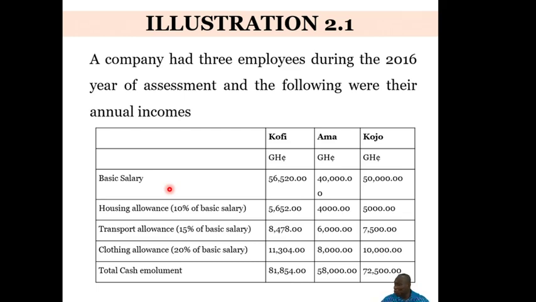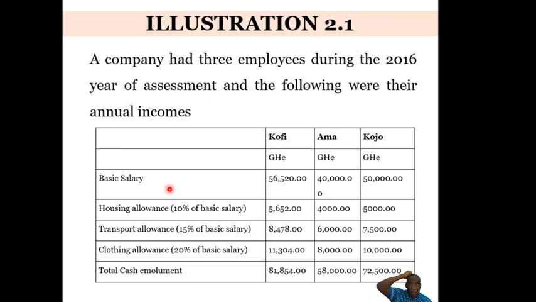And then when you do that, let's do the calculation quickly. 3 divided by 12 times 56,520. That's 14,130.